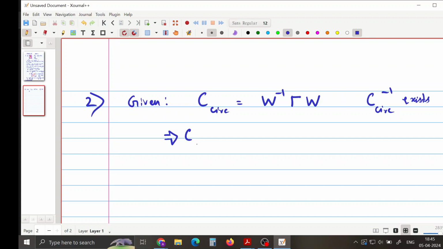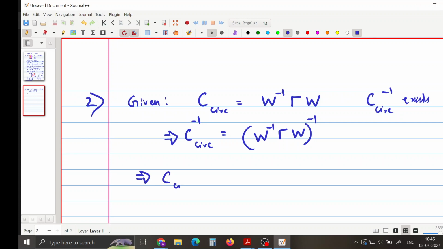So if I take inverse on both sides, what happens? This is just basic linear algebra. So on the LHS we get C circulant inverse, and on the RHS we have this thing whole inverse, correct?